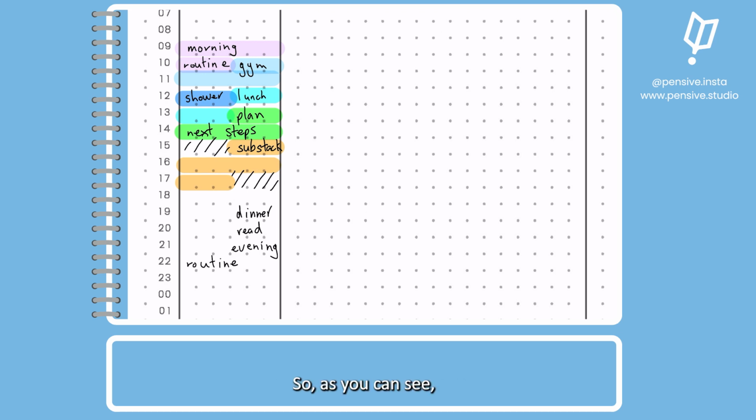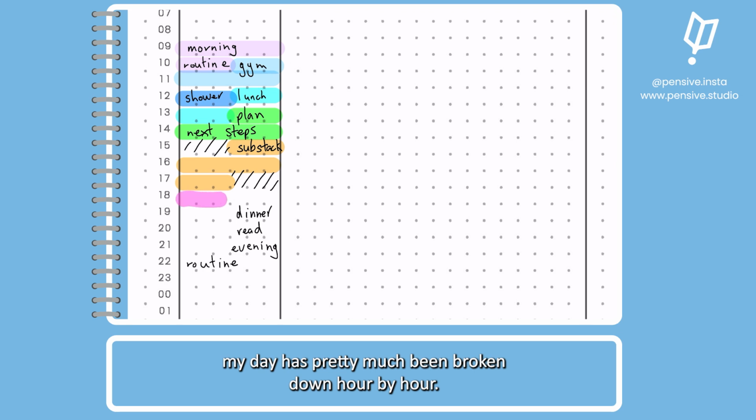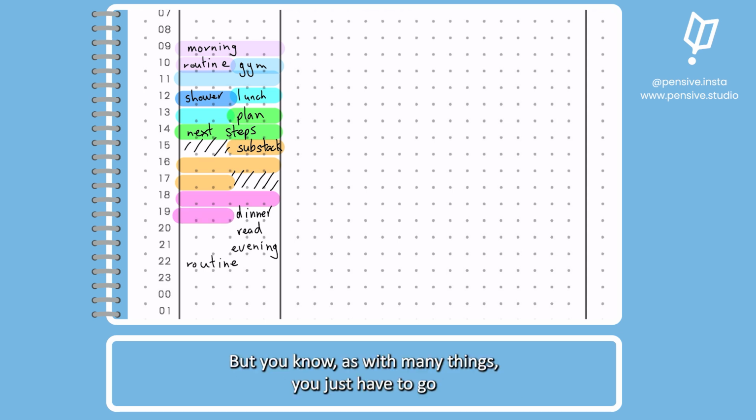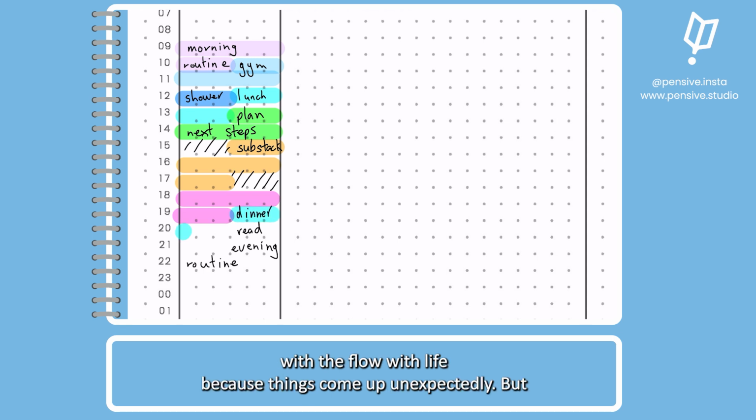As you can see, my day has pretty much been broken down hour by hour, and you can choose to stick to it rigidly, but as with many things, you just have to go with the flow with life, because things come up unexpectedly.